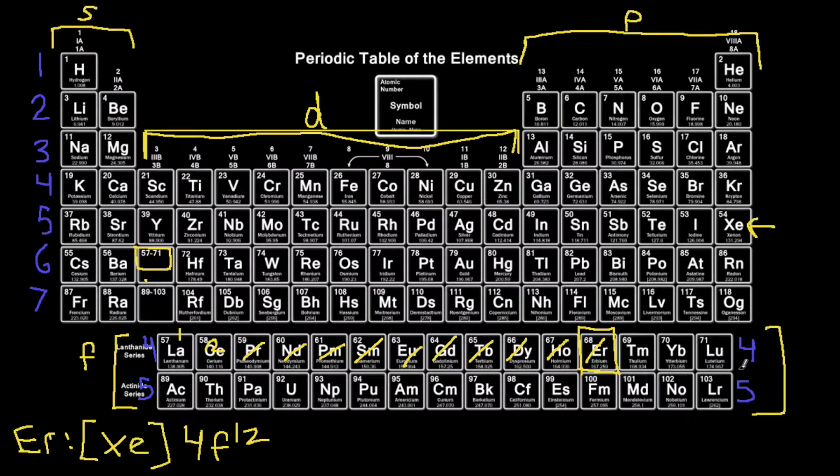And that's why it's so important to number the periodic table once you get it, if you're in a test, for instance, because this will help you keep everything organized. So we're going to get 4f12, and then just like we do whenever we get a titanium or something, we're going to fill out the 6s orbital. So both of those are full, and we're going to get 6s2. And that's the shorthand electron configuration for erbium.